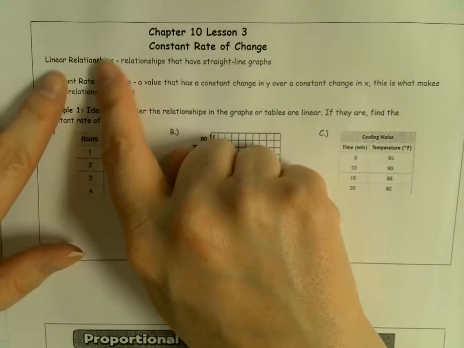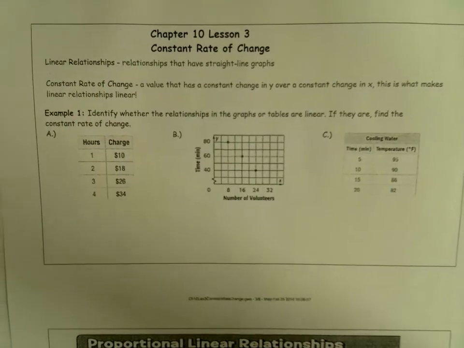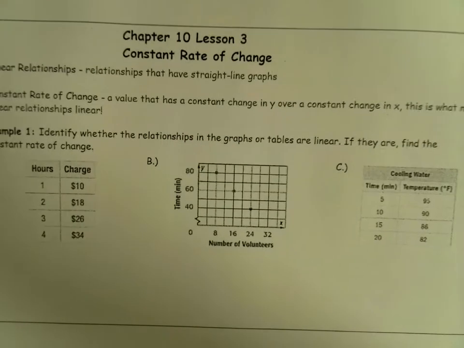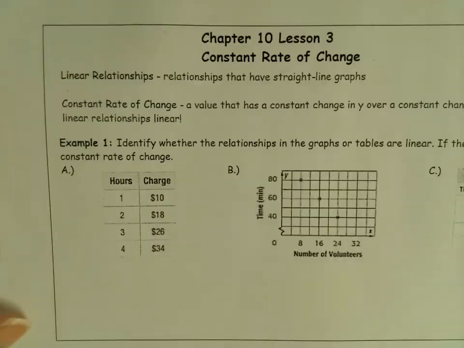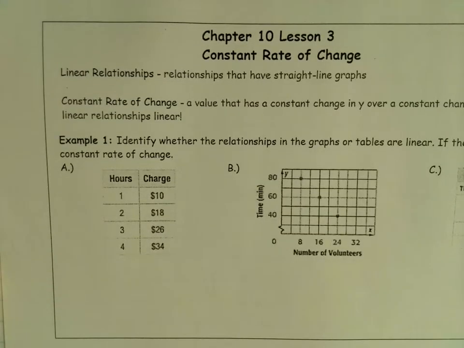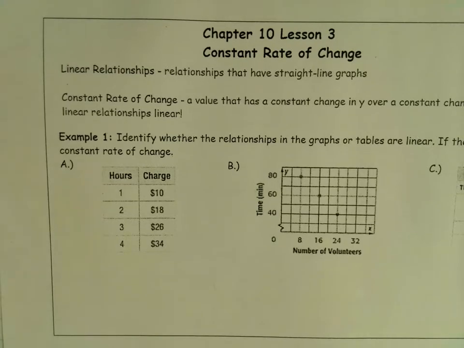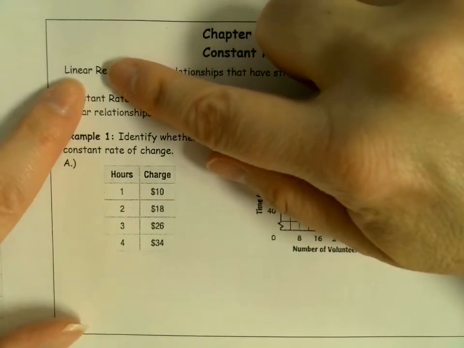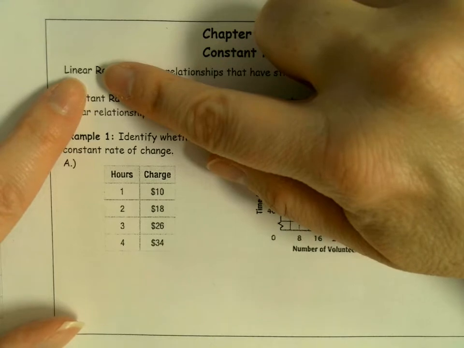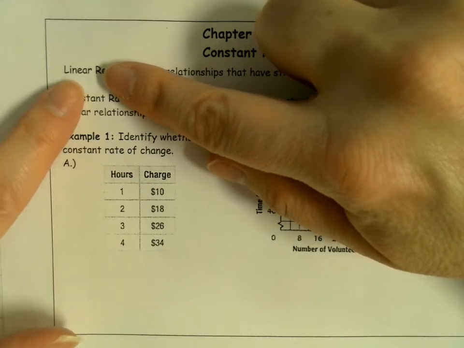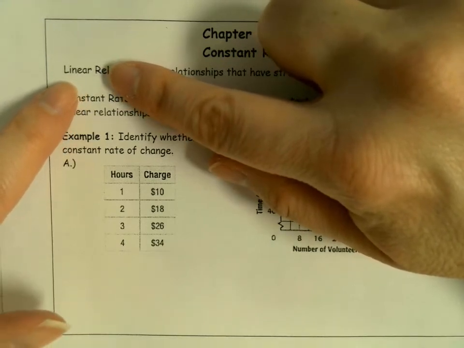So the idea of linear, what do you think of when you think of the word linear? What comes to mind? You hear the word linear or just look at the word linear. What word do you see inside of it, guys? Line. And what is a line? It's just a straight path, right? Okay.